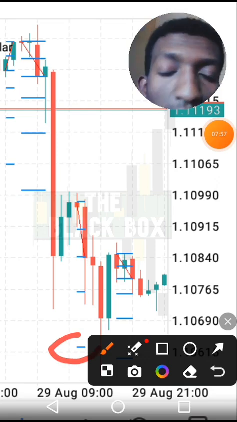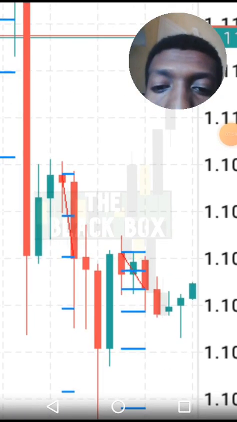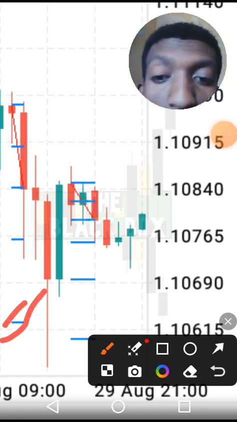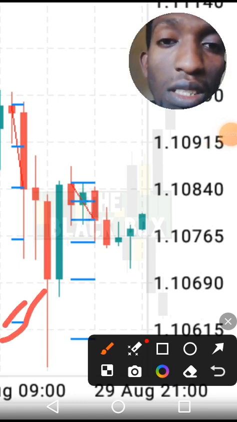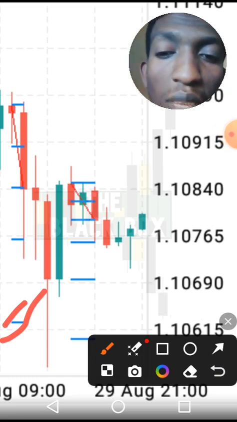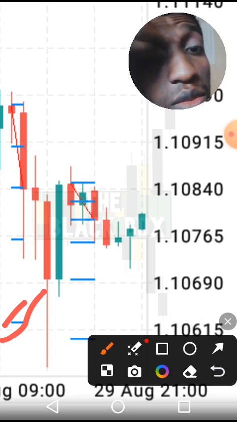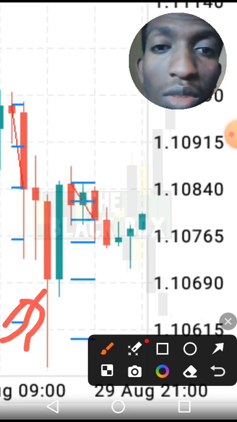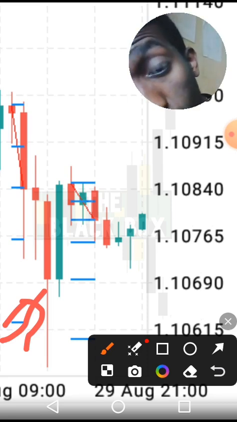So after the price hit that TP2, look at the reaction. It came back up. It ate your profit. So that's why I tell you taking partials at TP2 is very important.